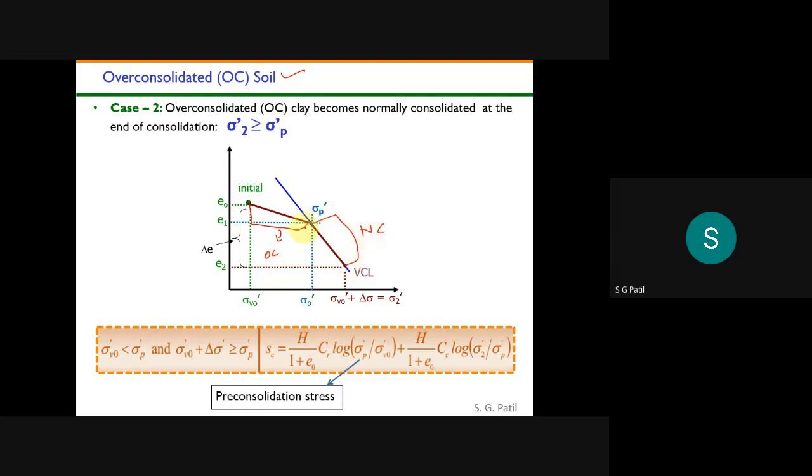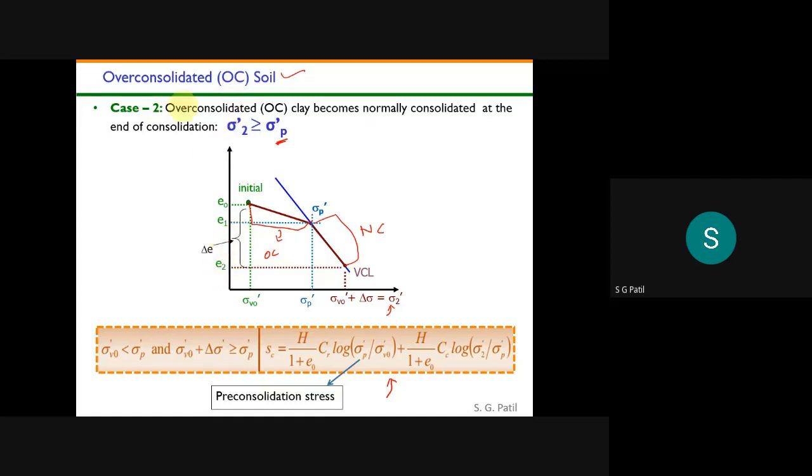After the construction of your structure, this is my sigma 2, the final stress. If my sigma 2 is greater than or equal to my pre-consolidation stress, then I should use the combination of recompression slope and compression slope. This equation I should use now to calculate my settlement due to OC soil.